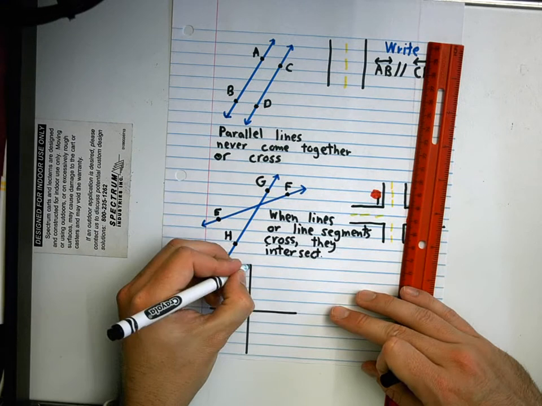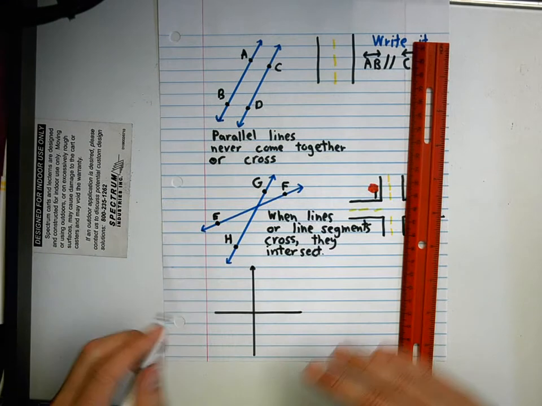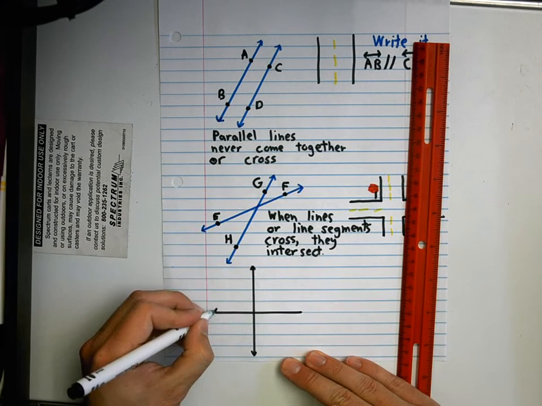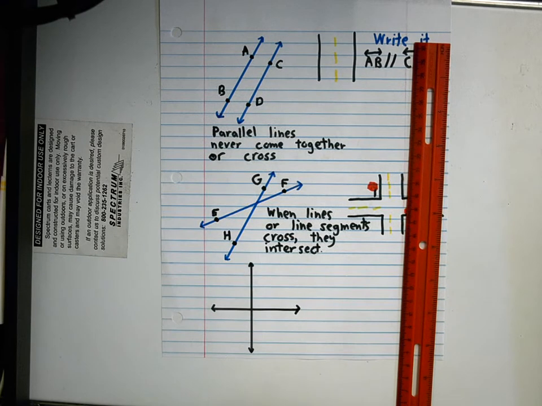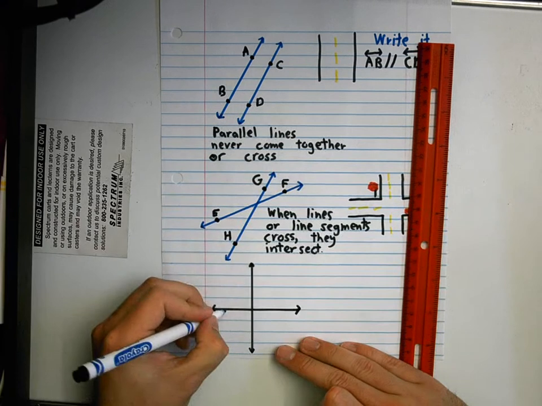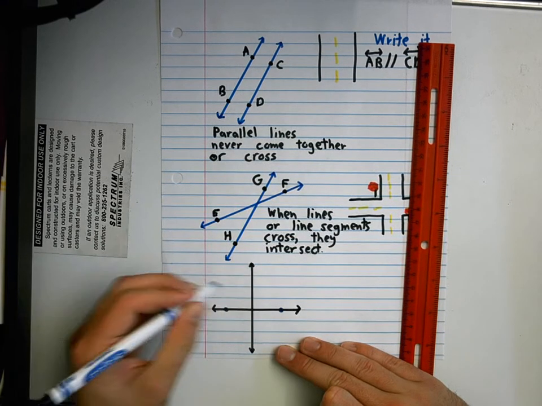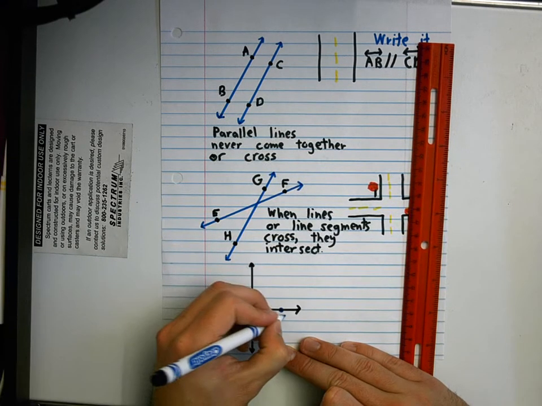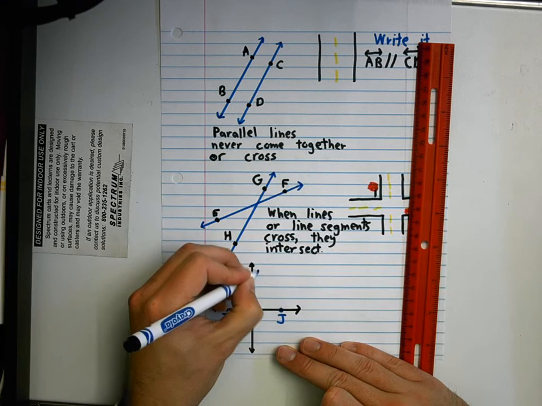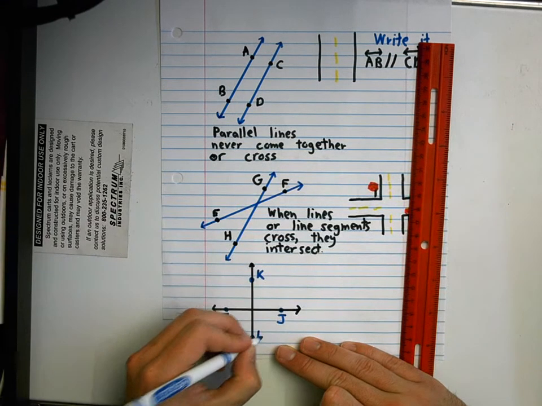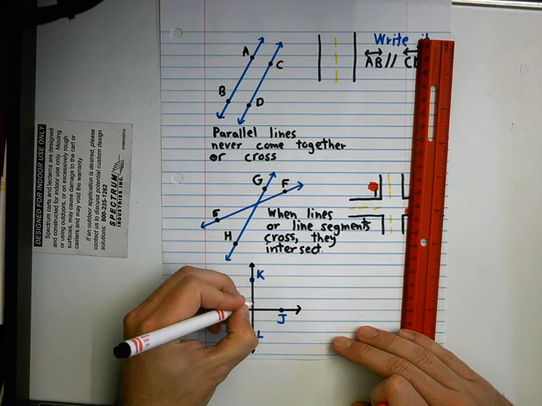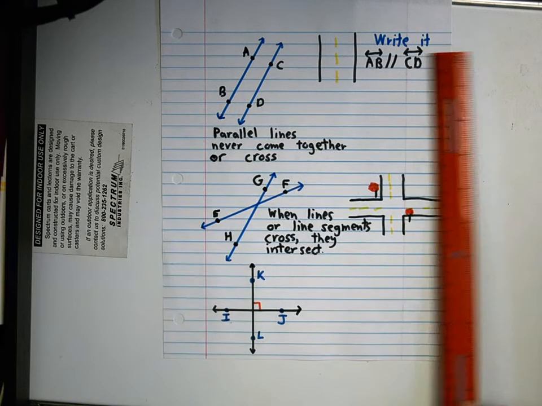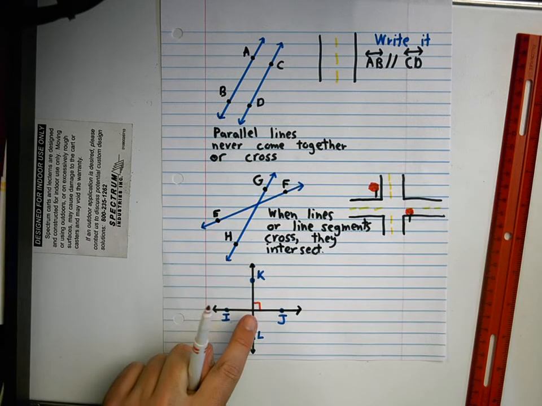Okay? And I'll make the arrows because these are lines, not line segments. Oops. And a couple things I got to make. 1, 2. So let's see. I, J, K, L, and I'm still not done. I'm going to put this right here. Boop, boop. Okay? What does this little symbol mean?